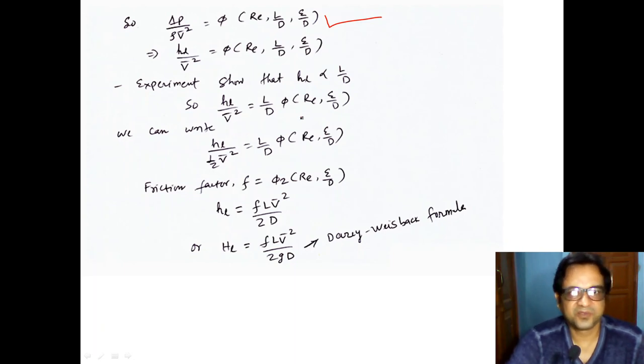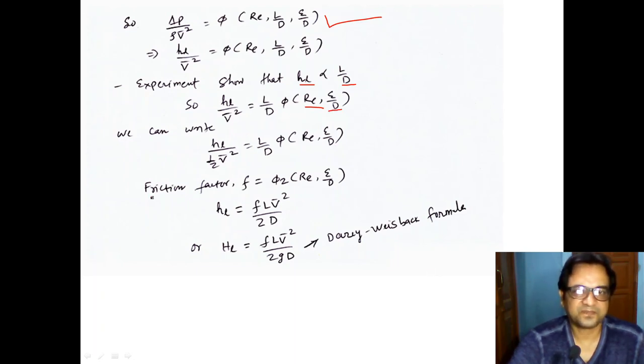And experiments show that HL is proportional to L by D, so you can take L by D out of the function. So HL by V square equals L by D times a function of Re and epsilon by D only.